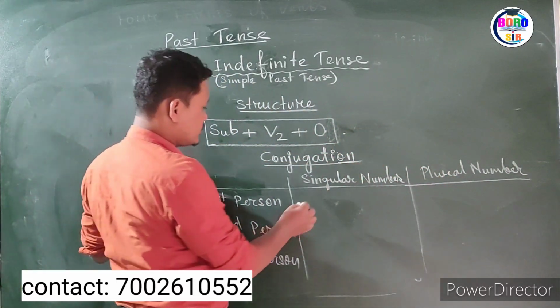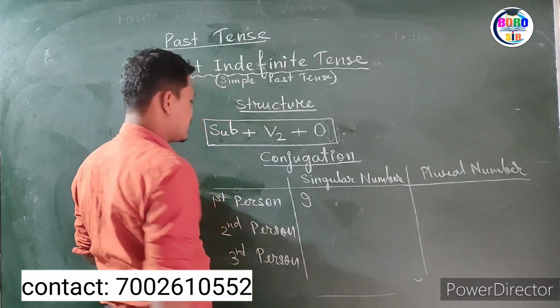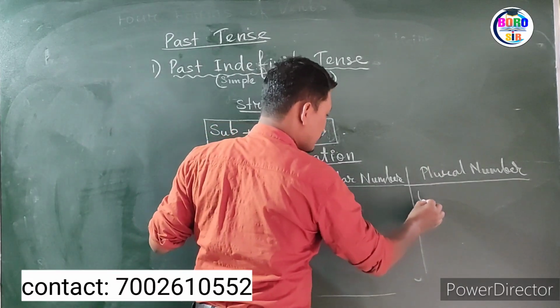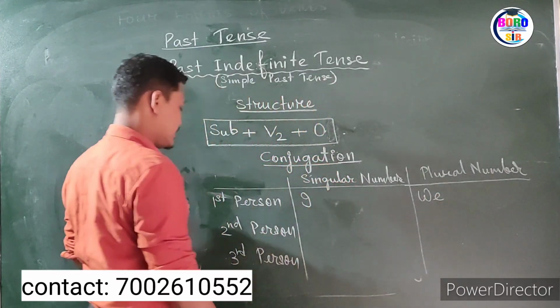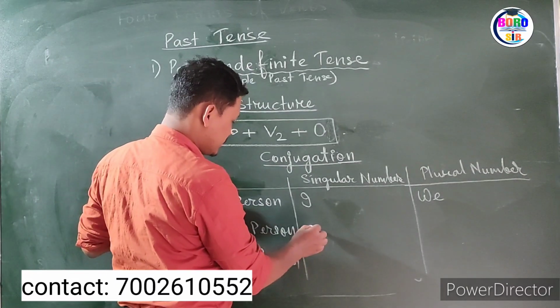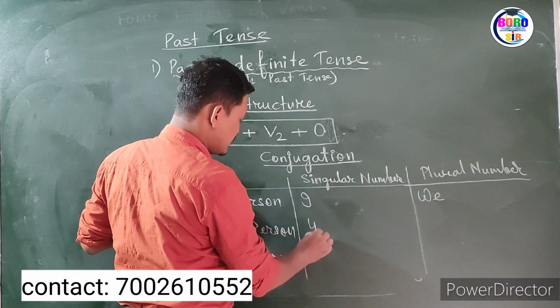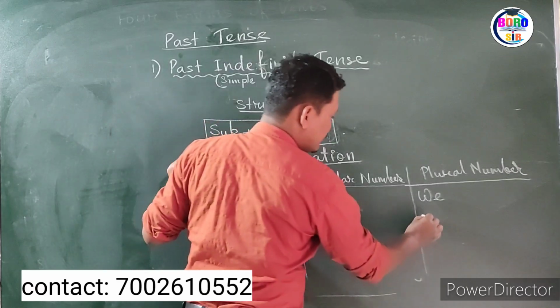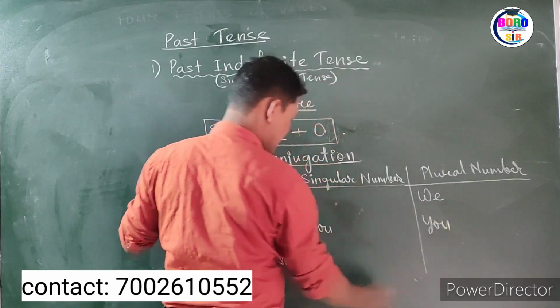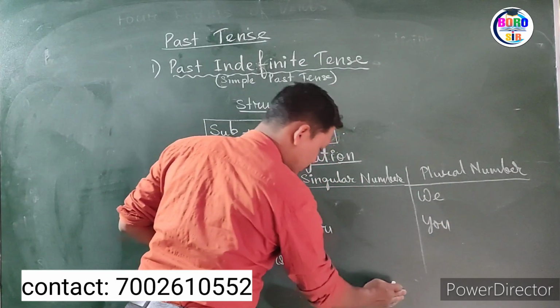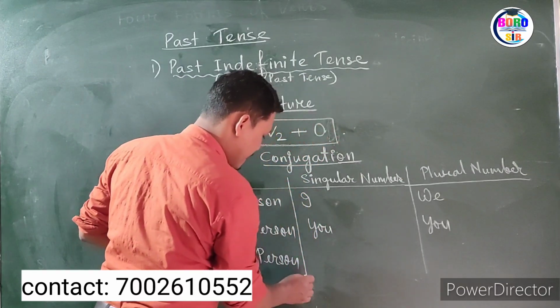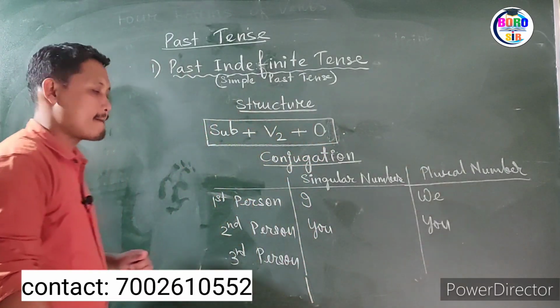As you know, the first person singular number has the subject I, first person plural number has we as the subject, and second person singular number subject is you, and here also it is you. And what is the third one? Do you remember? What subjects are there? He, she, it.